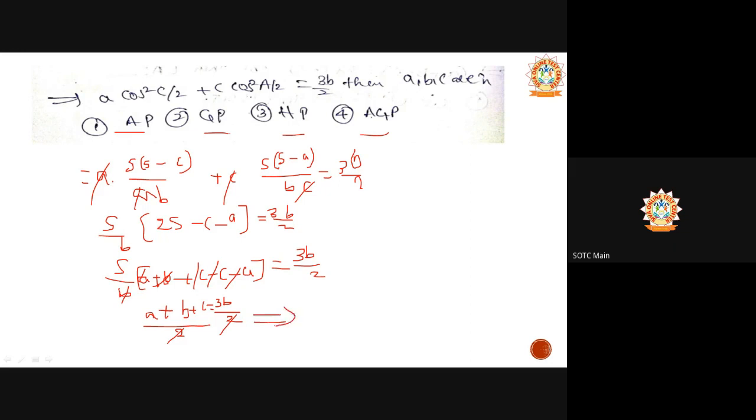So from this, a plus c is equal to 3b minus b, it will come 2b. Now tell me, if a plus c is equal to 2b, then a, b, c are in what? AP. Very good. Arithmetic progression, option A is correct. Clear?